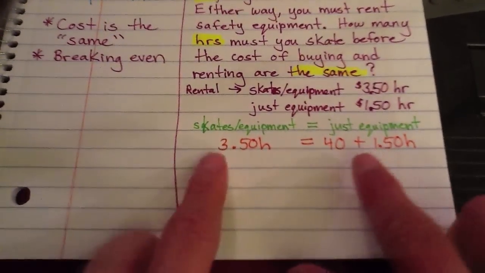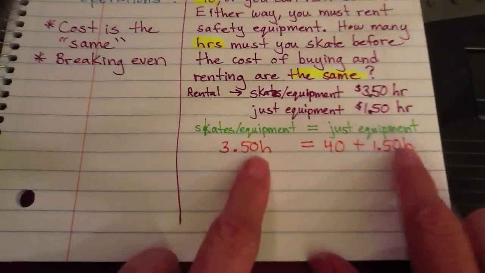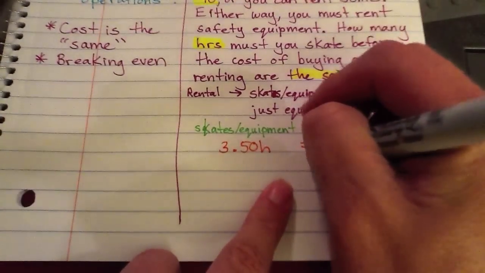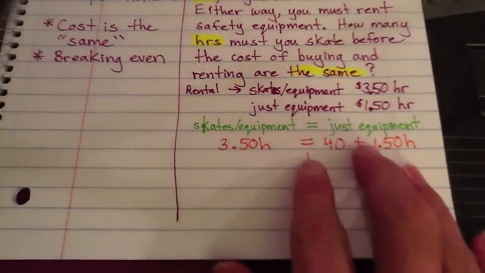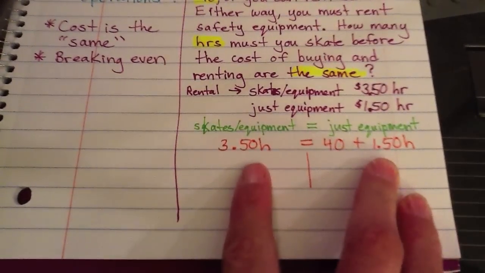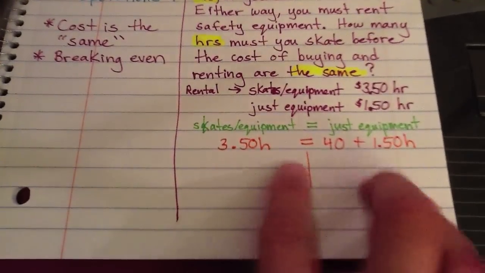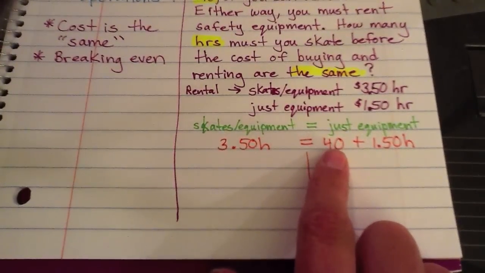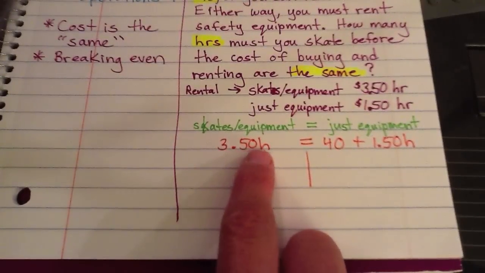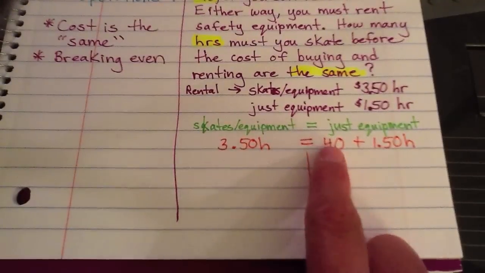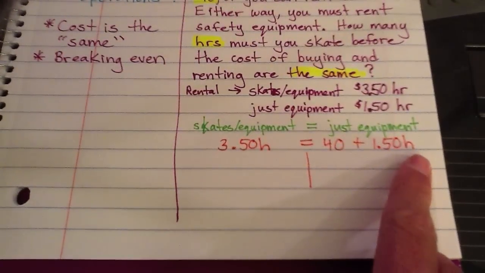Okay, now you have an equation that you need to solve for H, and you have a variable on each side. So you're just going to draw that line, and you're going to think about moving the variable over. If you want to use a decimal buster here, you can, but you need to stop and think about that 40. So if you were going to use a decimal buster here, it should be 350H equals 4,000 plus 150H.